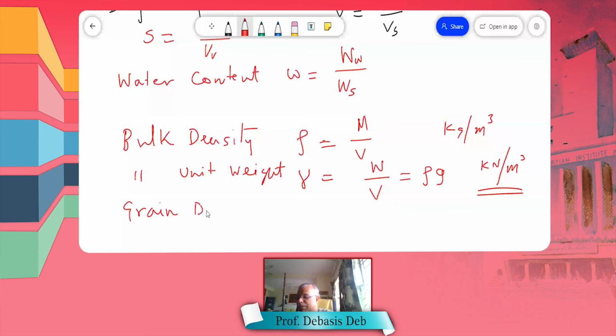We will use the specific gravity later, but let us define grain density. So this we will define as rho S. It is still a density. So this is basically ms by Vs, meaning the mass of the solid divided by the volume of the solid. Okay. And similarly, if you write grain unit weight, it will be the weight of the solid divided by the volume of the solid.